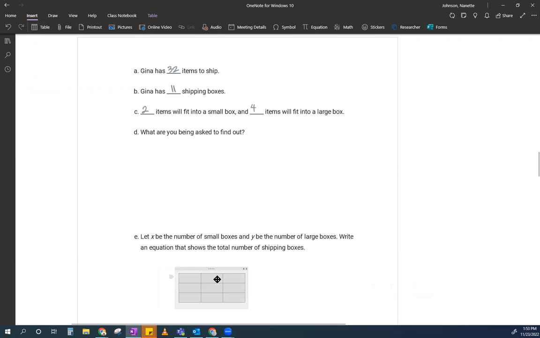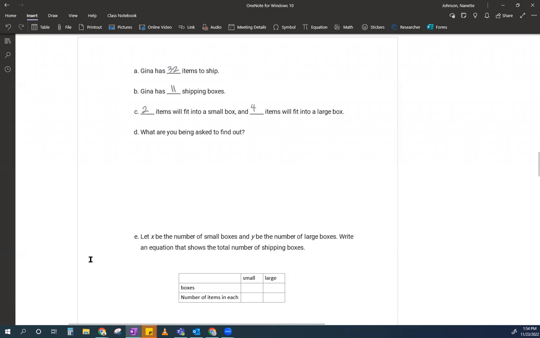So over here, we have small and large, and this is boxes, and then this is number of items in each. Okay, so then you can add totals as well. This is just going to help me organize my information a little bit better.